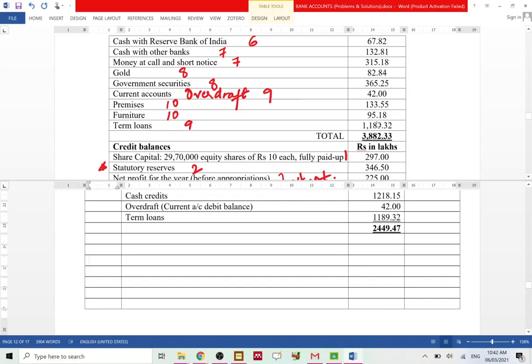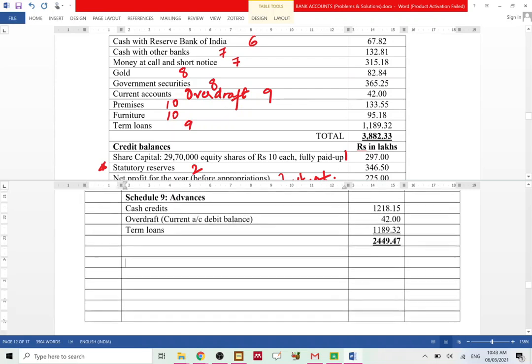They are not talking about depreciation that is to be charged or deducted from these amounts. This is the balance of the fixed assets after the depreciation has already been charged. But what we need to do is show that depreciation in our schedule 10. We need to show how much depreciation was charged and how we got this final amount.